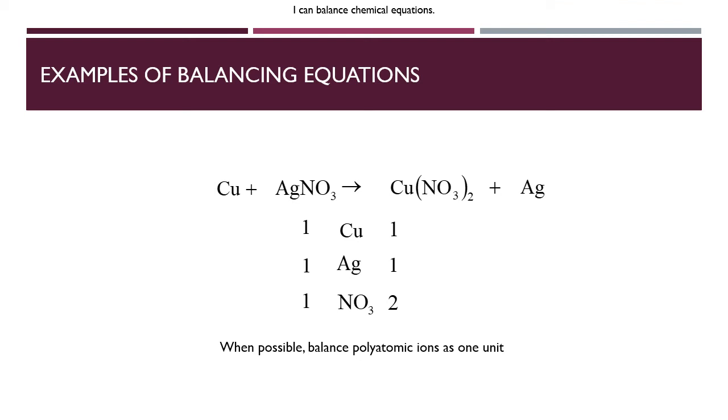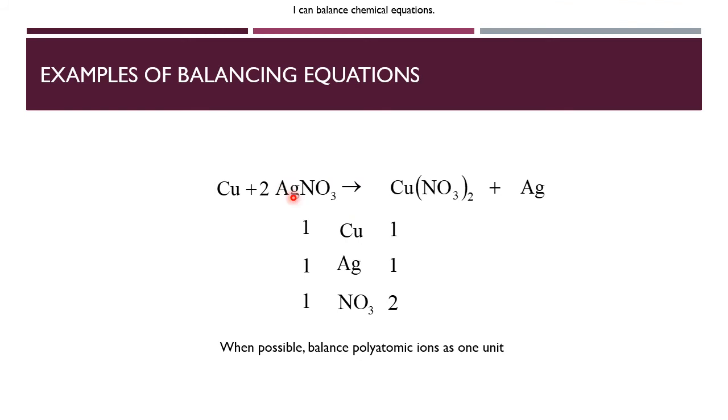So now it's just a matter of changing some coefficients. So the first thing I can see here, copper and silver are balanced, at least to start with, but my nitrates are not. I need 2 nitrate ions on the left side. Well, to do that, again, I can't change the formula any. I cannot go through here and put parentheses around the NO3 and put a 2 outside of it. I can't change the formula. But what I can do is have 2 of that entire molecule.